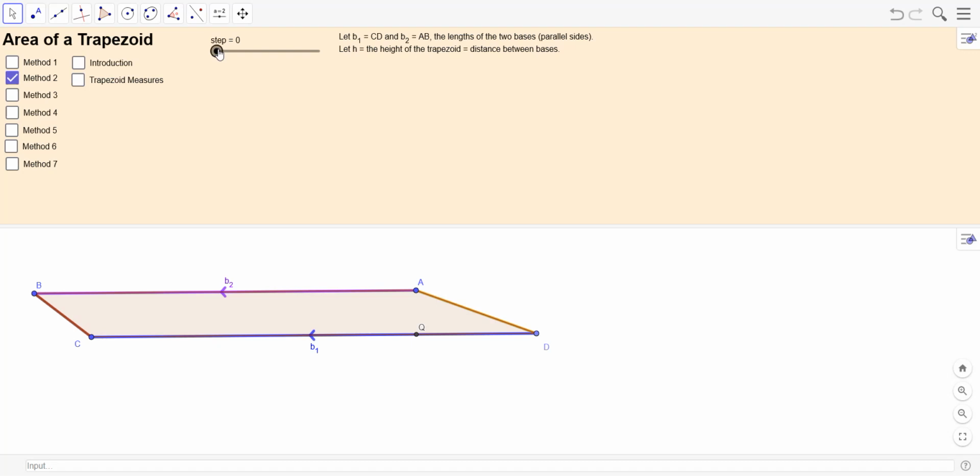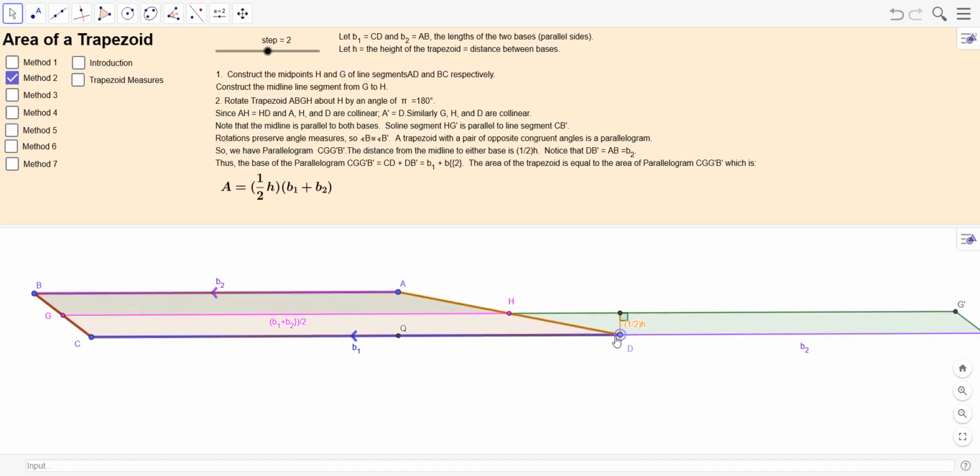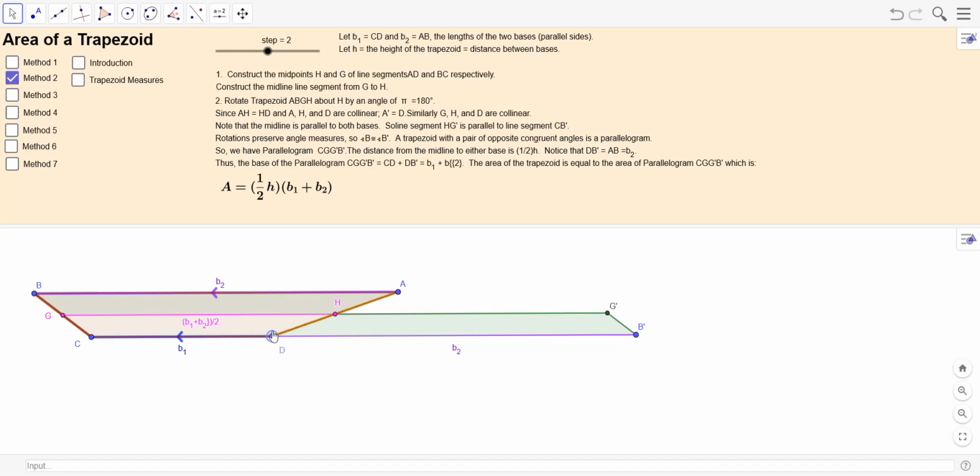Now, how about this method? Construct the midpoint of these sides. And then what you want to do is basically, whichever way this looks, let's say it's looking like this, for example.